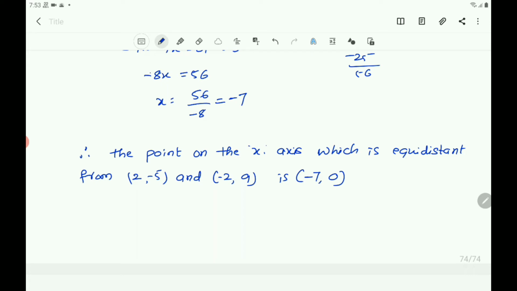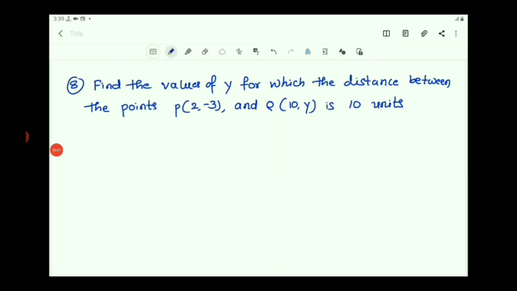So you got the coordinates of the point on the x-axis which is equidistant from (2, minus 5) and (minus 2, 9) is (minus 7, 0). Now the next question, question number 8.